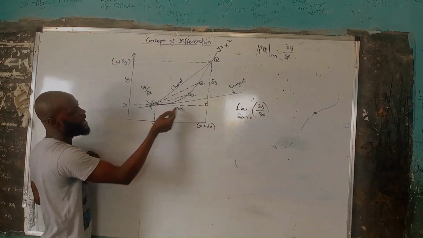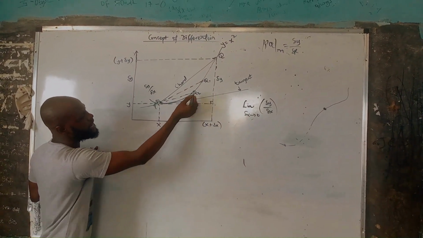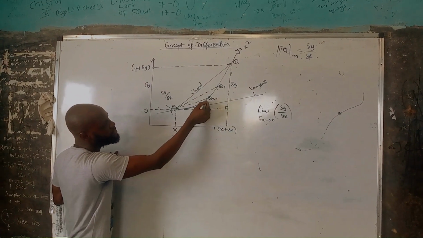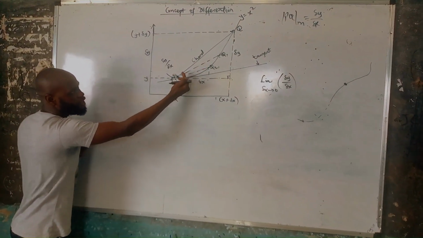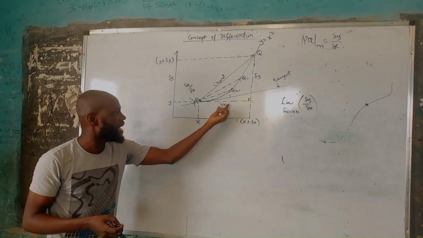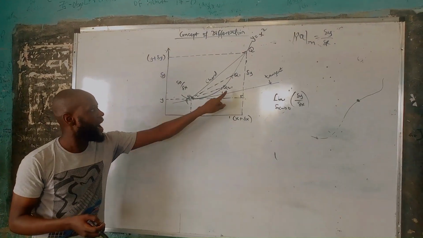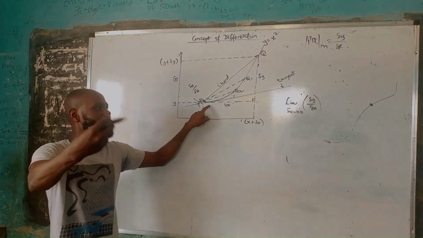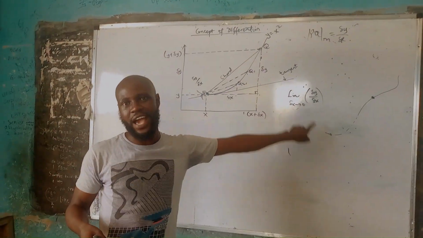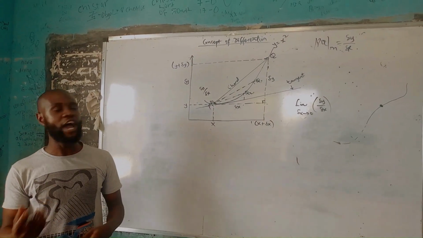As we move Q closer and closer, you notice that the value of delta x also decreases and decreases. We say delta x is tending to 0.